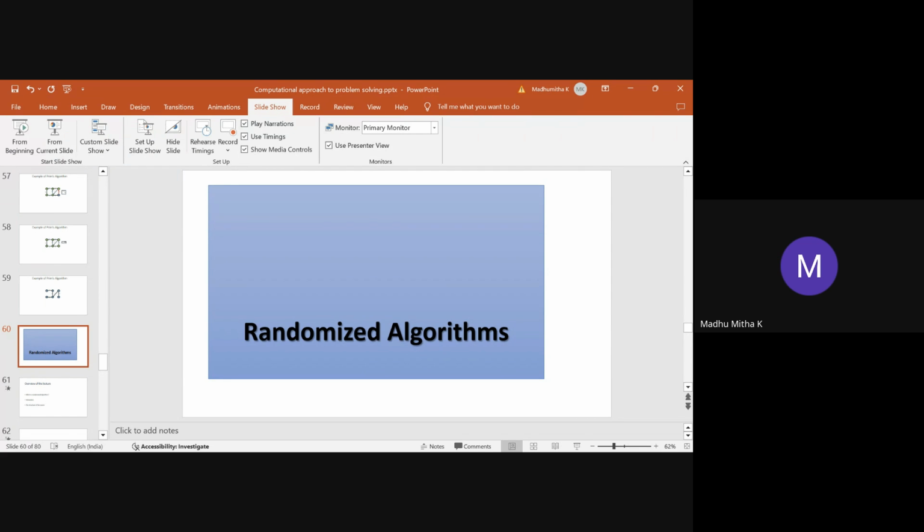One of the best examples for this randomized algorithm is the quick sort algorithm. It also comes under data structures like the other algorithms. These data structure algorithms are computed to achieve some desired output.